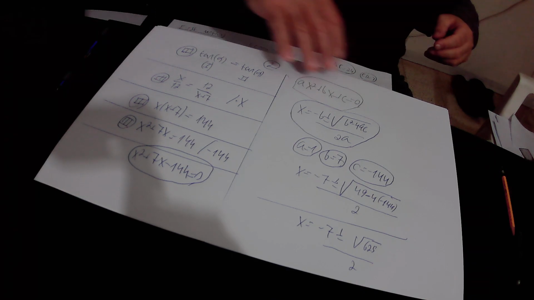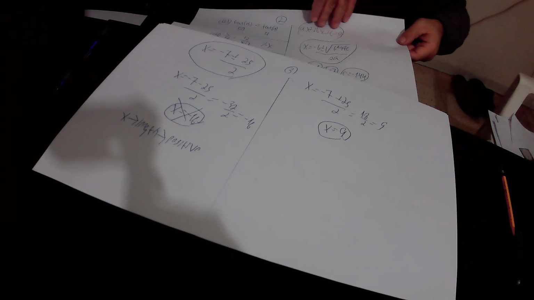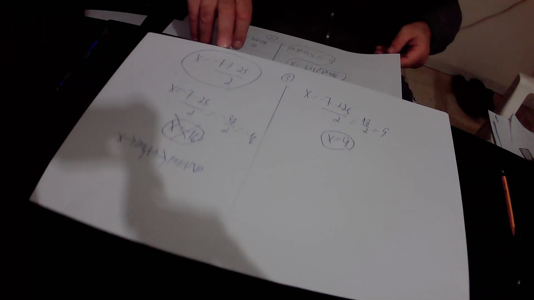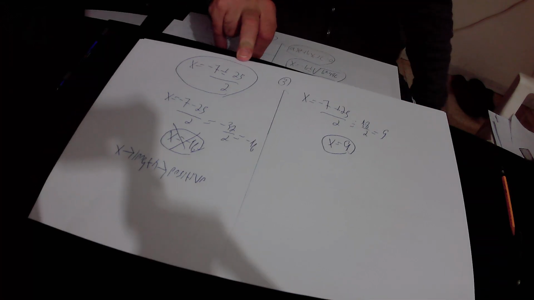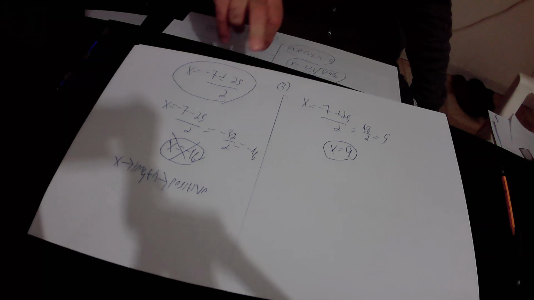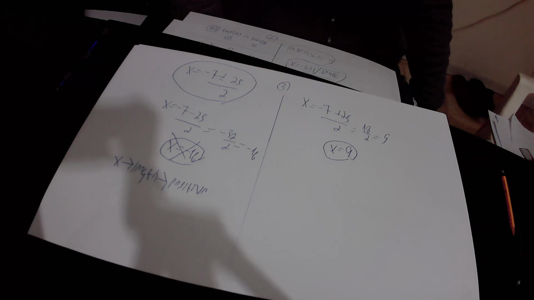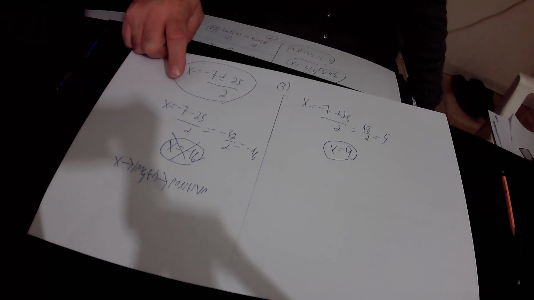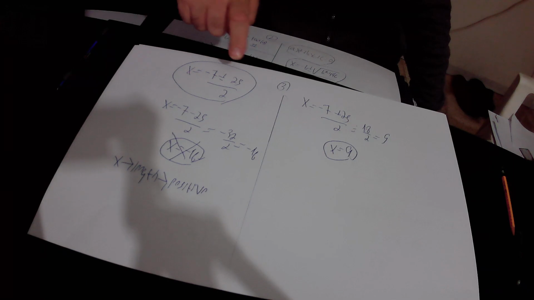So x equals minus 7 plus minus the square root of 625, which is 25, over 2. Here we have two possible solutions for x. The first solution is x equals minus 7 minus 25 over 2. Minus 7 minus 25 is minus 32, over 2 is minus 16.